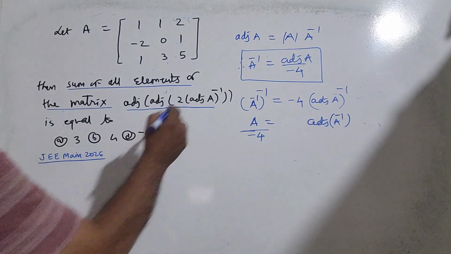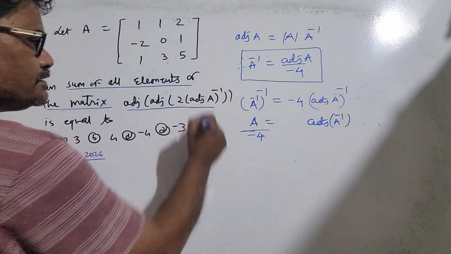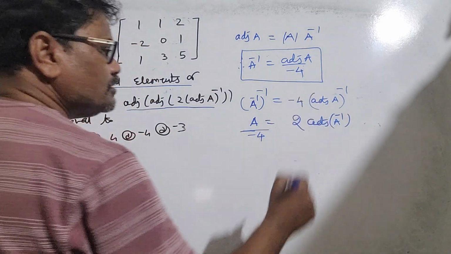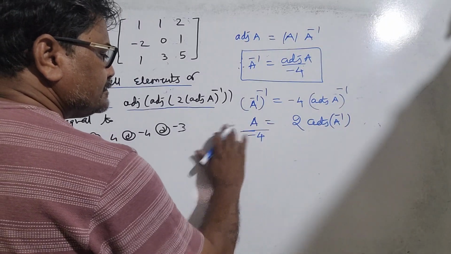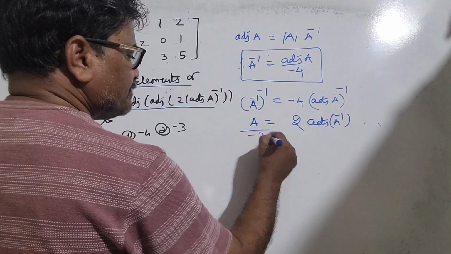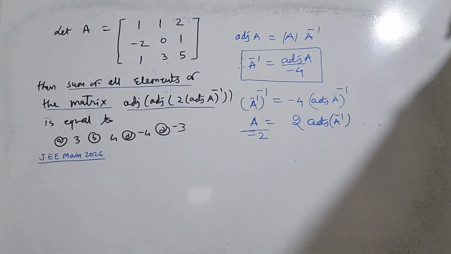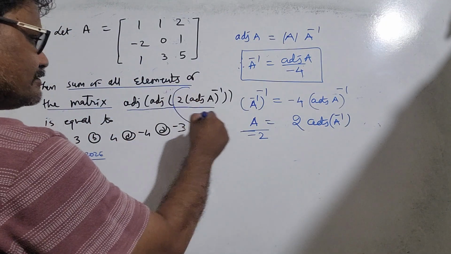So we have found the inverse of adjoint of A, therefore 2 times this one is A by -2. So this we have found.